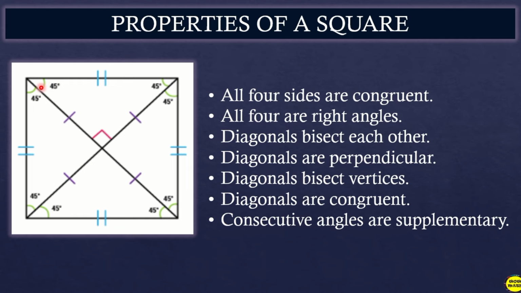Itong measure na to ay 90 degrees, at ito naman ay 90 degrees din, so they are supplementary. Kasi ang definition natin for supplementary, the sum of the angles is 180 degrees. Kapag inadd natin yung dalawang angles natin, yan ay 180 degrees.